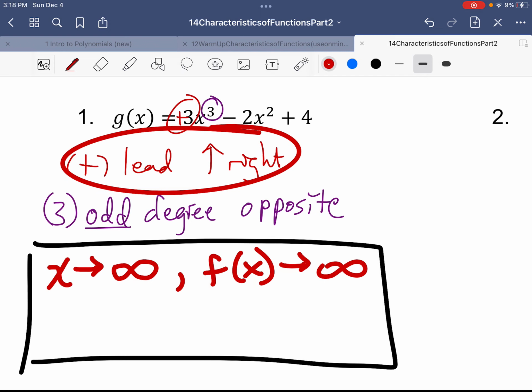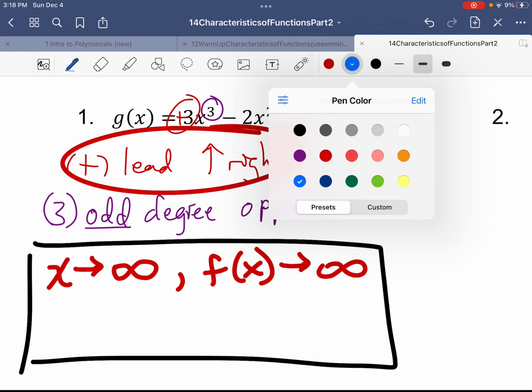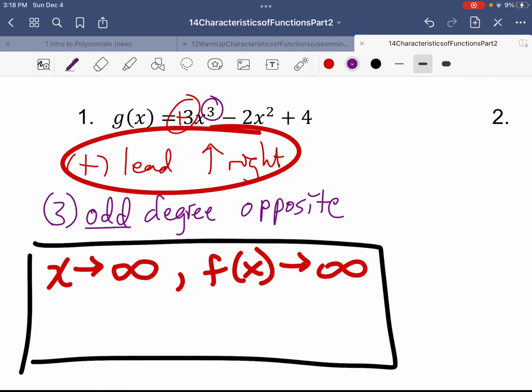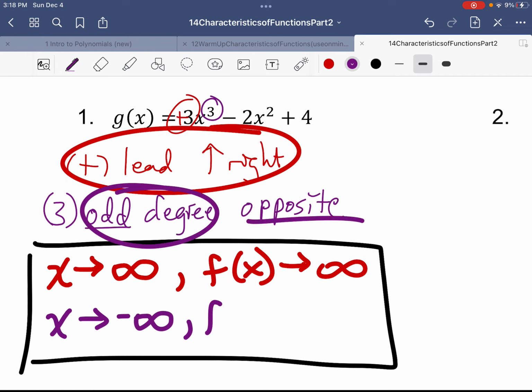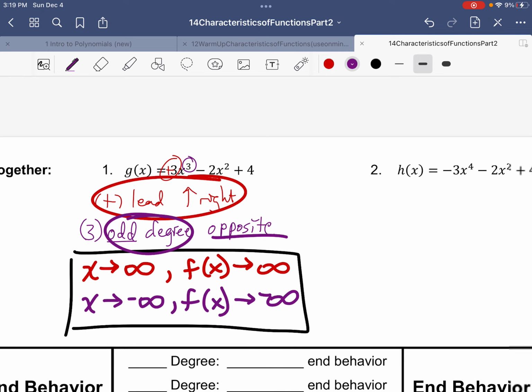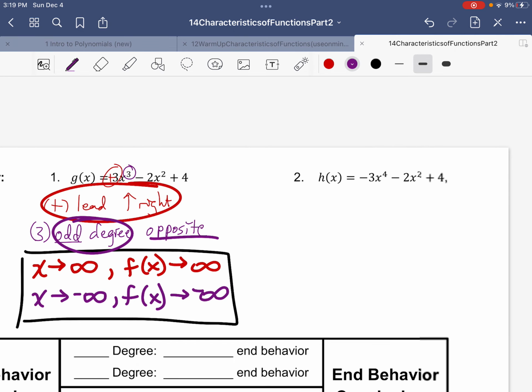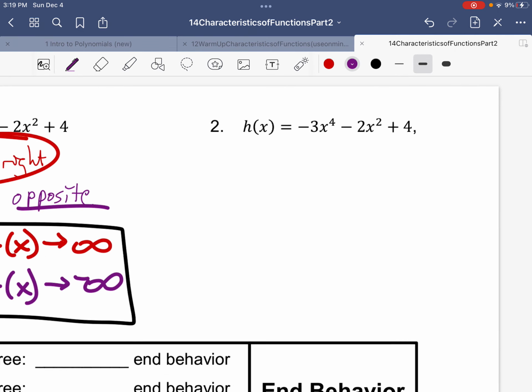But when I look at the opposite side, that would be when x goes to the left, that is to negative infinity. And since the degree is odd and my behavior is going to be opposite, I know that my function is going to do the opposite of going up, which is going down to negative infinity. And I've just completely analyzed that for its end behavior.